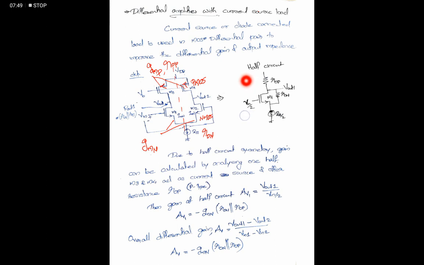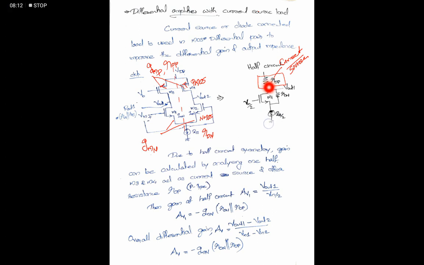In that, we can replace our current source with its equivalent resistance, which is equal to its RO value. Here it is ROP.